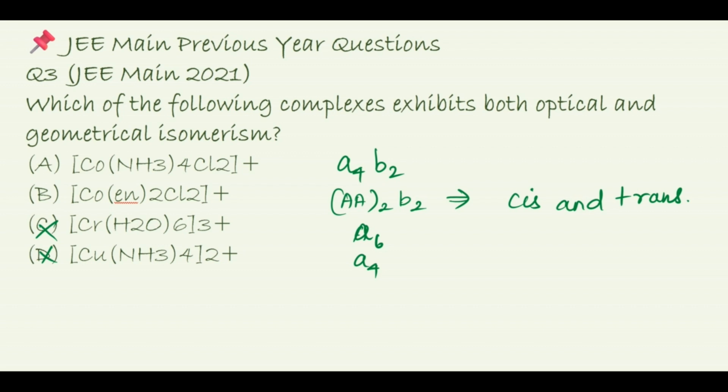As we have seen in the detailed video also, it can show D and L isomers. So the answer to this question is B. What about A? It shows only geometrical, not optical. So this is not our answer.